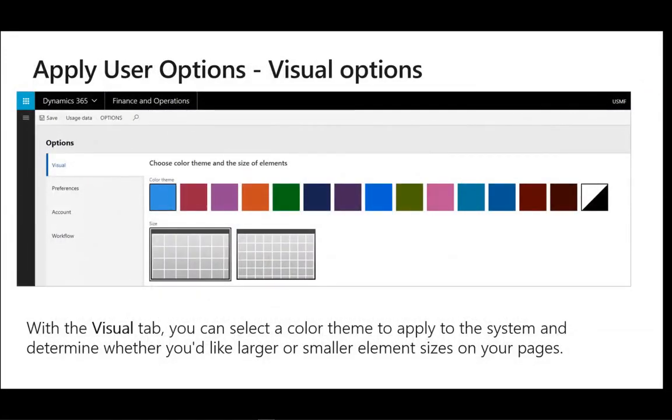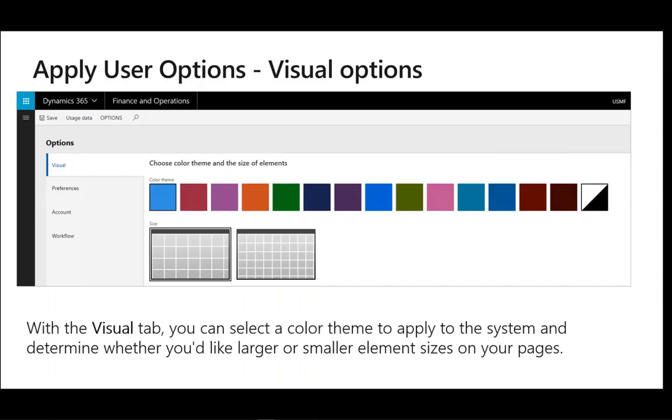Dynamics 365 for Finance and Operations offers various color themes and element sizes to create a pleasing interface for users. We can use the user options page to control basic features and behavior of our environment that are specific to us as a user.